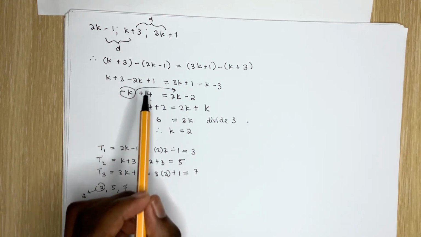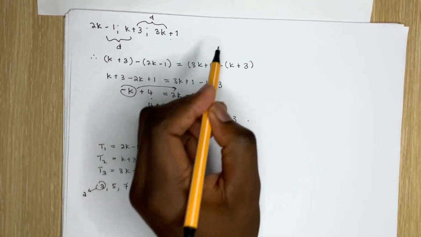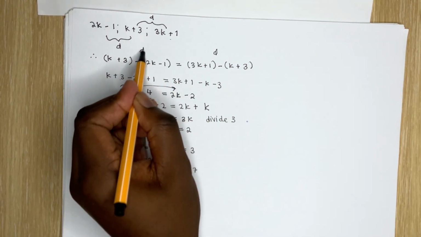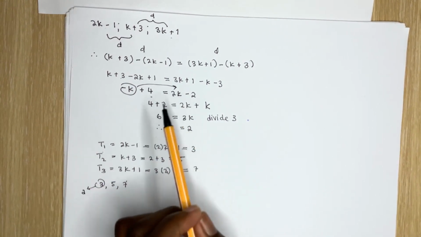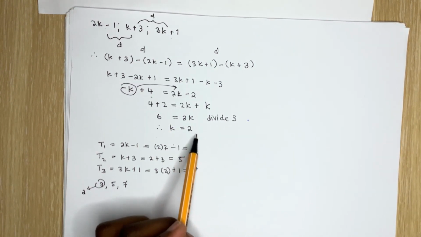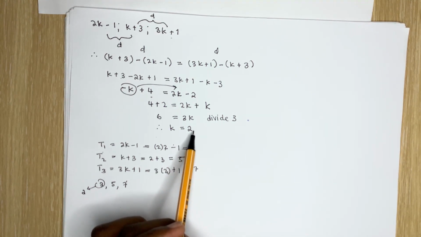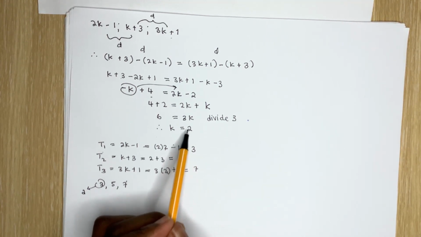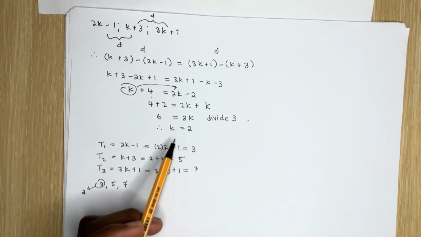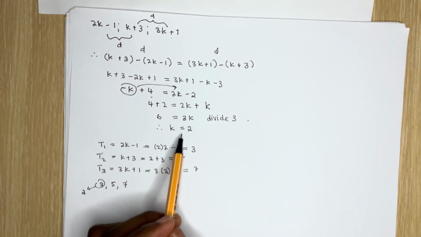Remember, when we started off with this equation, right? That means this side is d and that side is d. Okay, so by doing that, if we think about it, since we are basically dealing with d as value, that means also that value of k equals to d.